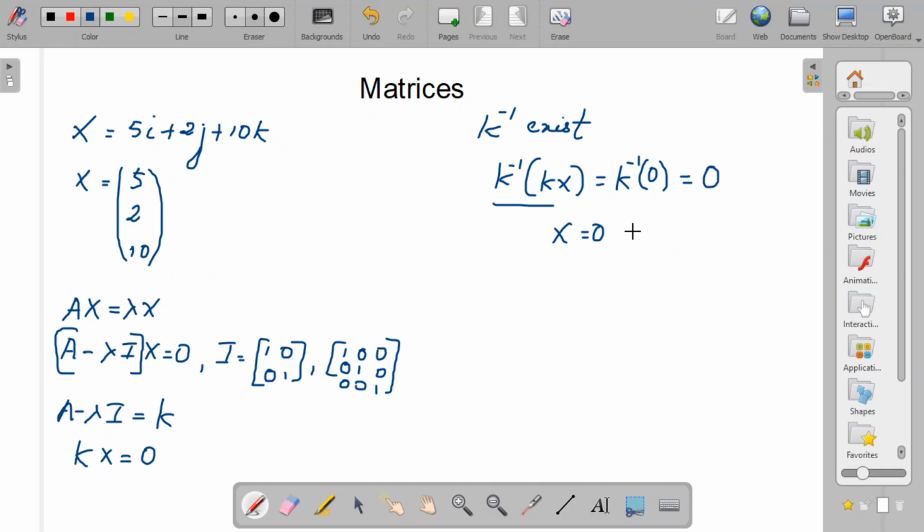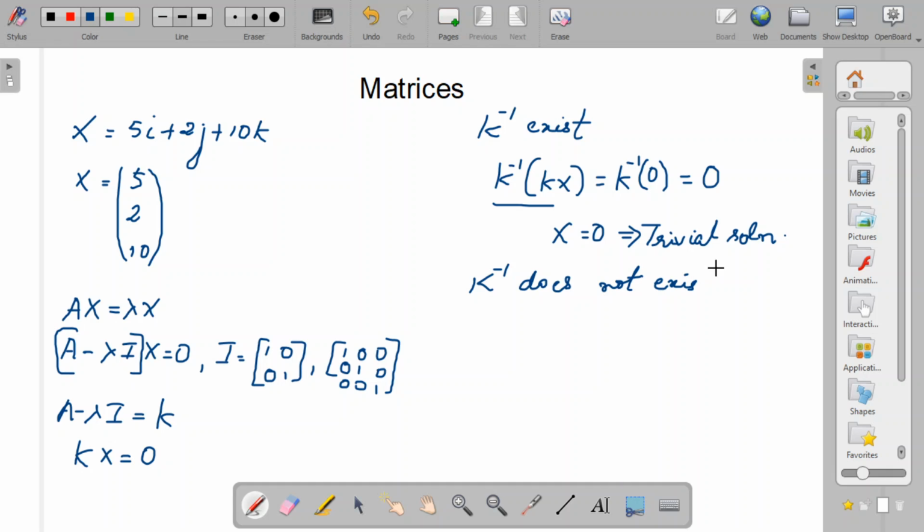Here x equal to 0 is a trivial solution. Trivial solution means 0 is the solution of this. That's very simple and is a solution which we are not much bothered about. So this is a trivial solution, and this is possible only if K inverse exists. Now suppose the K inverse does not exist.